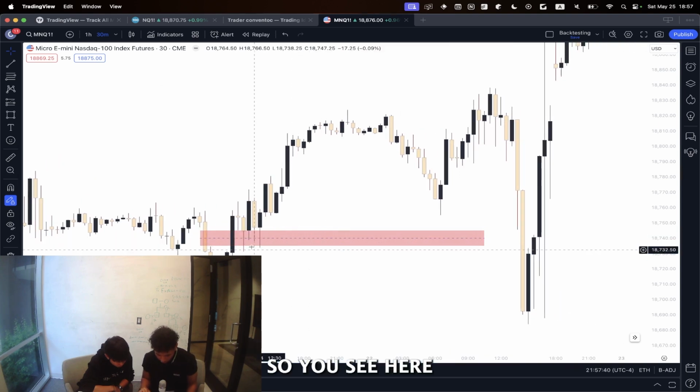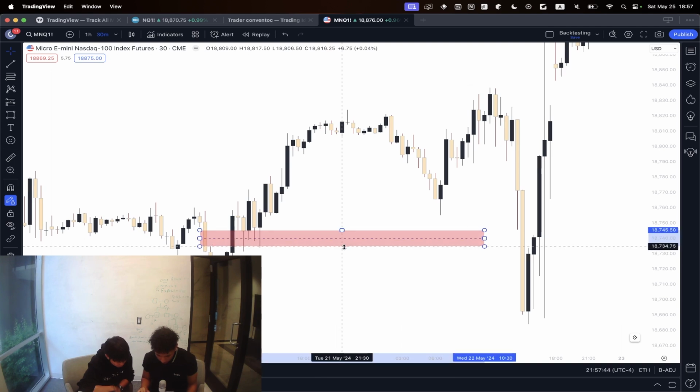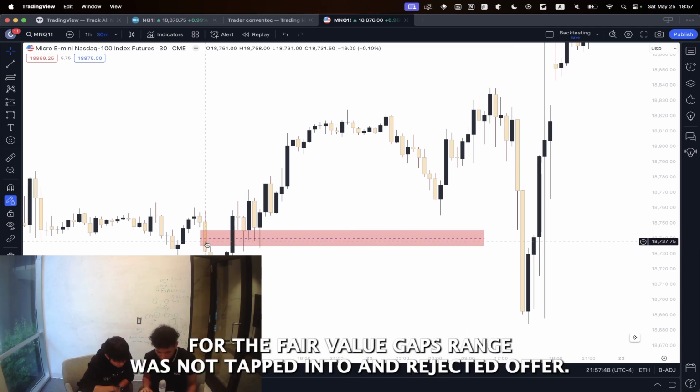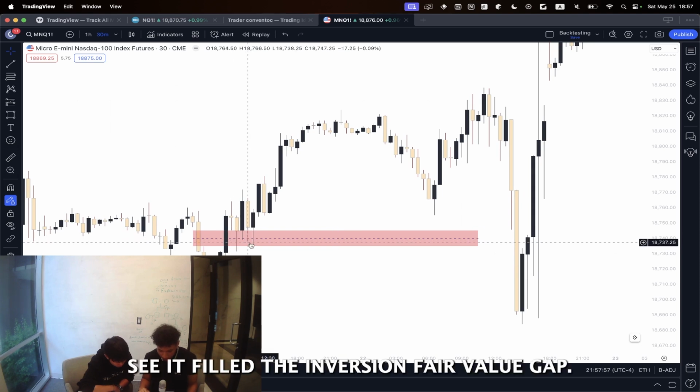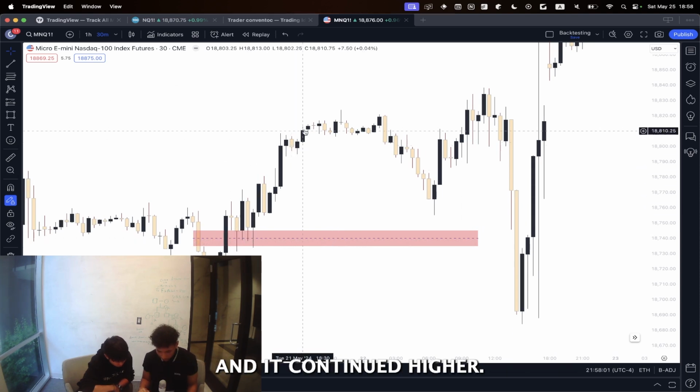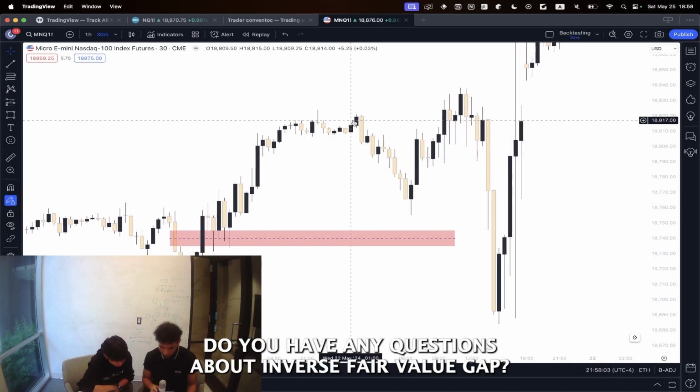So you see here, 50% of the inverse fair value gap's range was not tapped into and rejected off of, which makes this not an IOFED. But you see, it filled the inversion fair value gap and it continued higher. Do you have any questions about inverse fair value gaps?